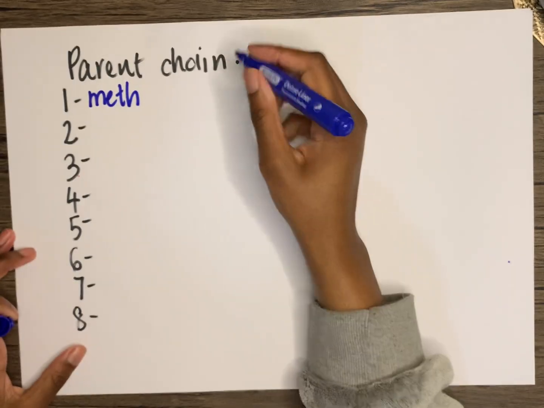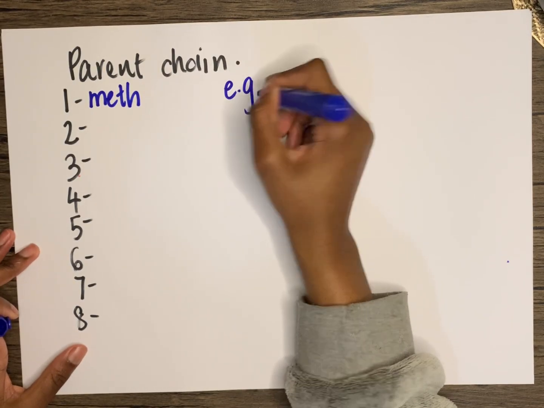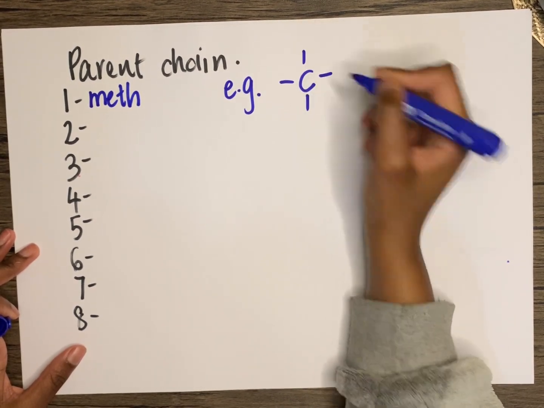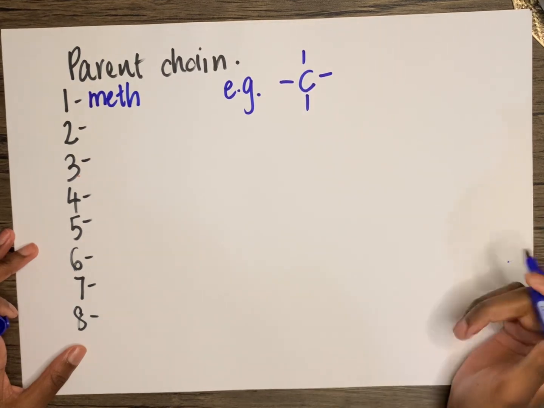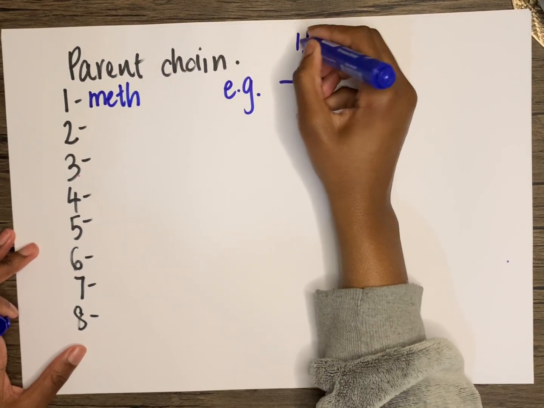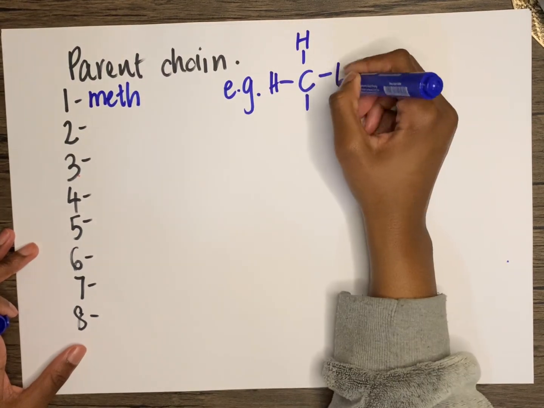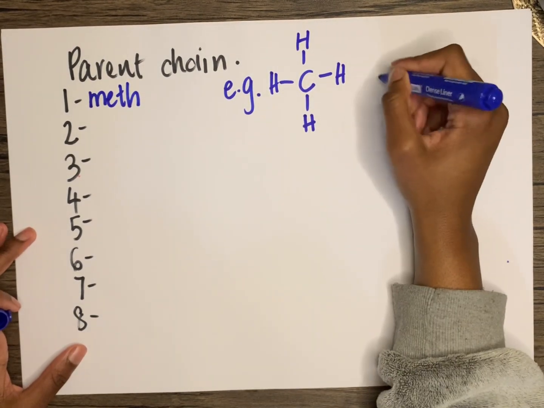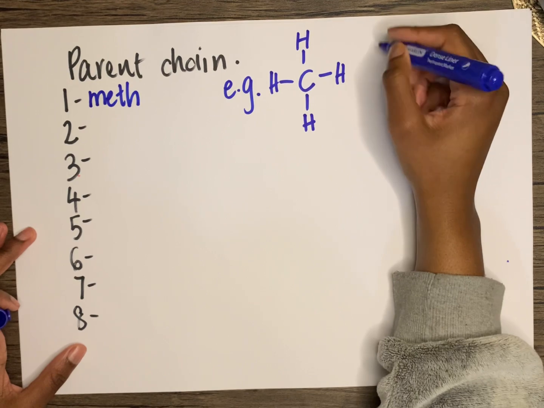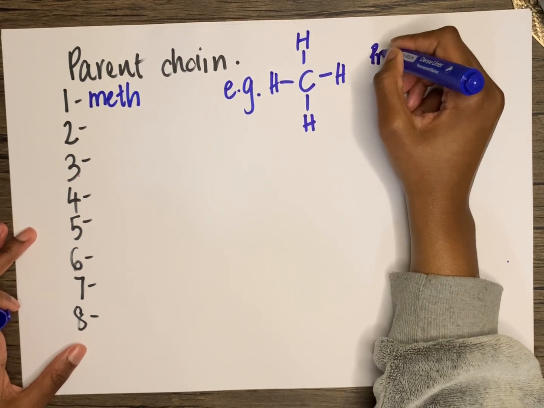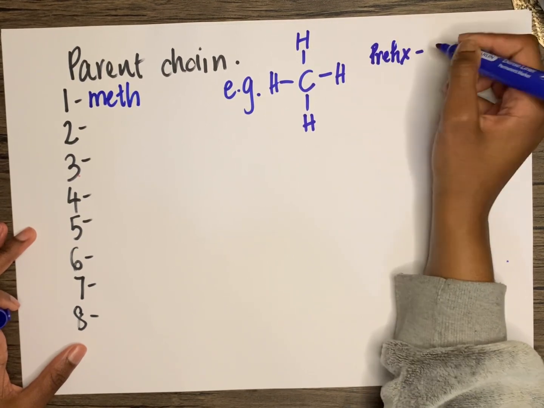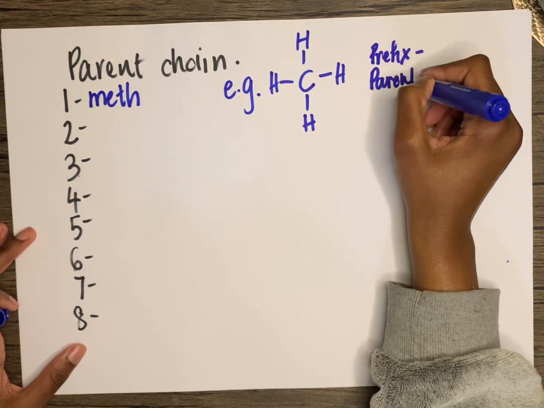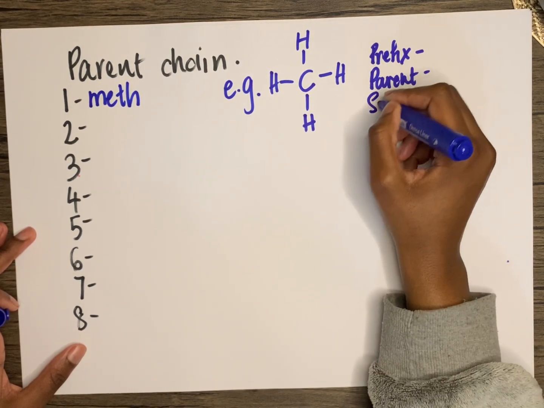So for example, if I have a carbon like this, bonded to hydrogens, like that, then I can have the name. I'm going to have a prefix if I have substituents, and I'm going to have a parent, and then I'm going to have a suffix.